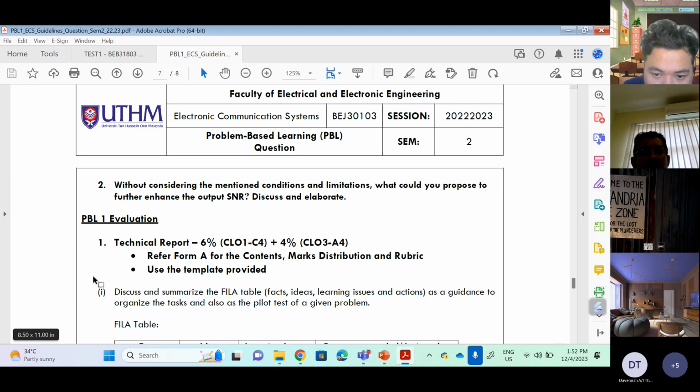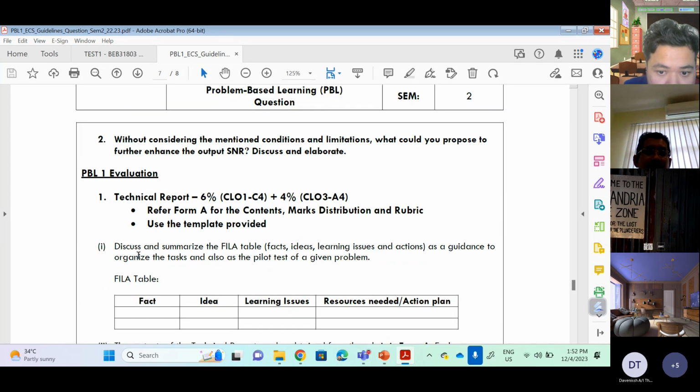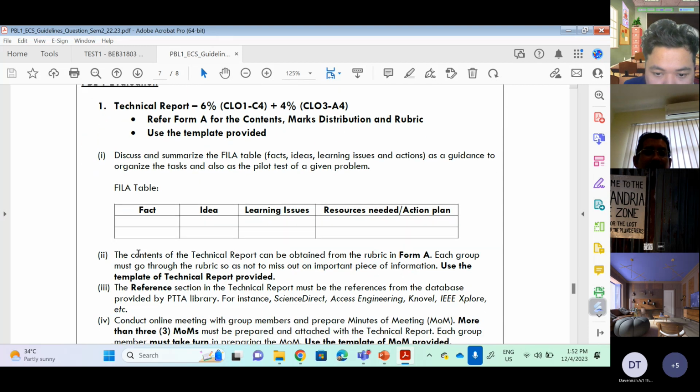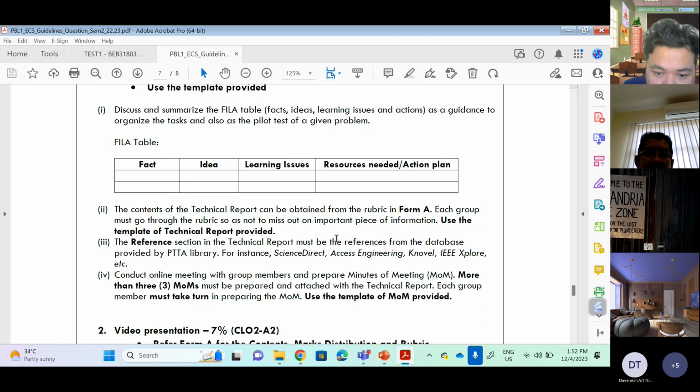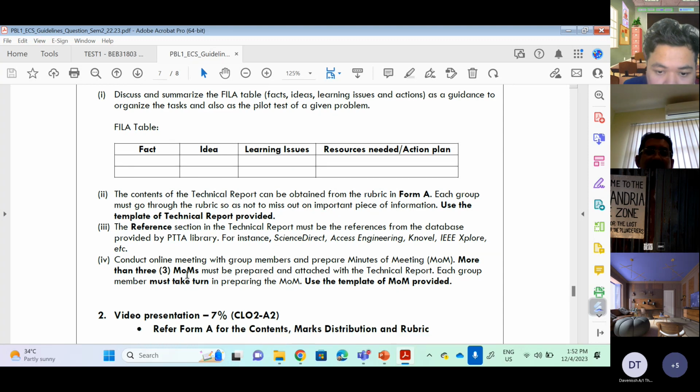Okay. So untuk task yang pertama, you kena hantar technical report. Technical report ada template, dia punya apa yang perlu ada diterangkan di sini. Perlu ada filler table dan juga ada reference, ada minutes of meetings, ada dinyatakan di sini apa yang perlu ada.